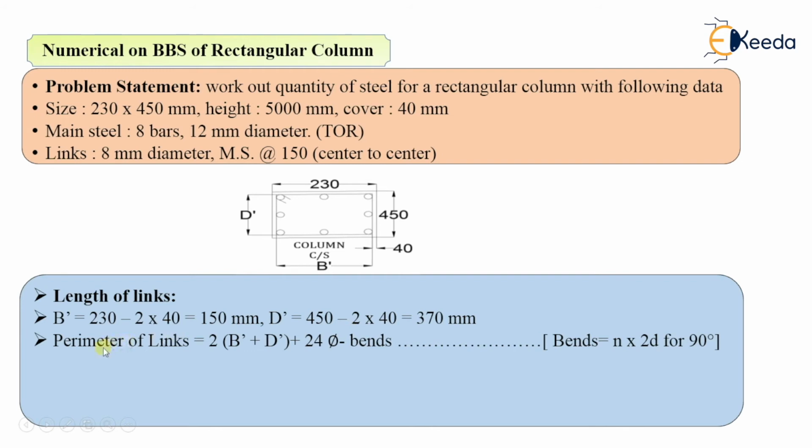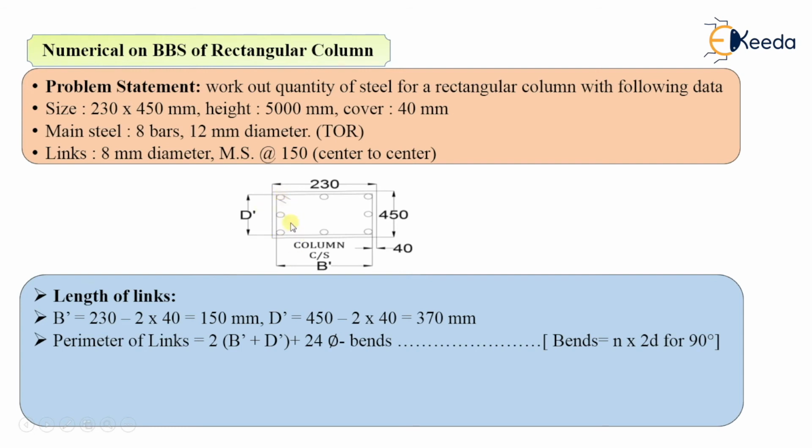Now if you want to find out the perimeter of links, how can you find it? It will be the addition of all these values, this plus this plus this plus this. But remember one thing, we have to also add this value, that is anchorage length, or you can say length of anchoring.